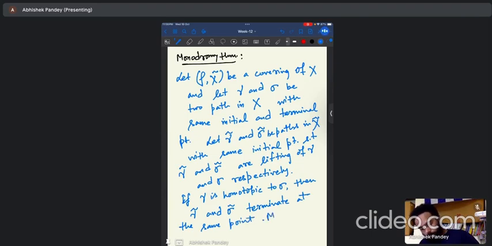Moreover, gamma tilde is homotopic to sigma tilde. One can find the proof in any book on covering space theory, because this is an important theorem.